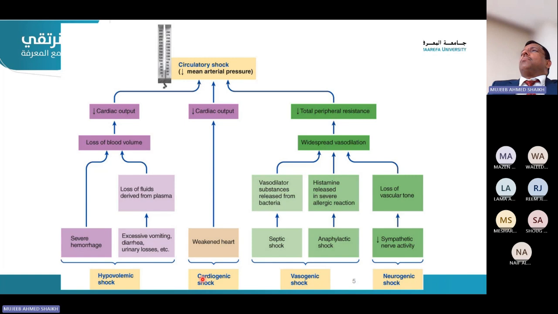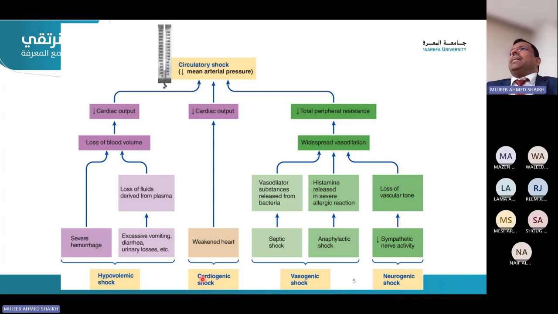If the cell's metabolism changes from with oxygen to without oxygen, it will become anaerobic. Whenever anaerobic metabolism occurs, what will be produced? It will lead to formation of lactate.